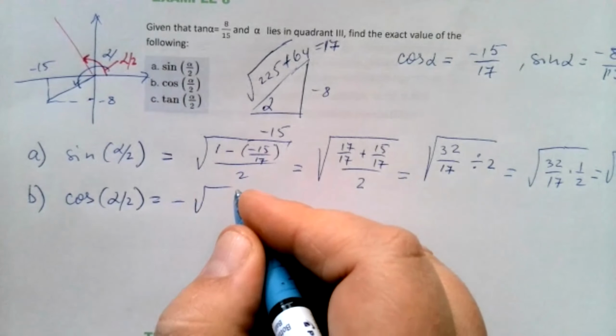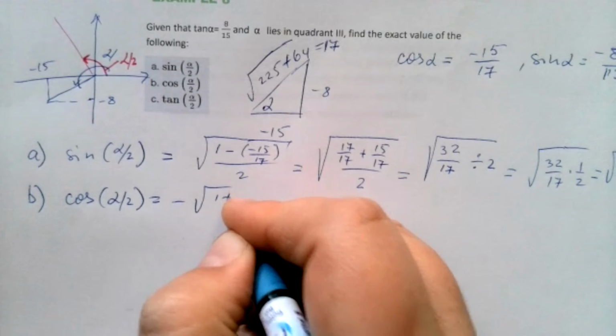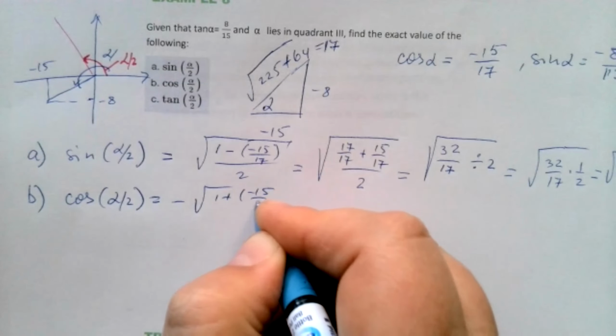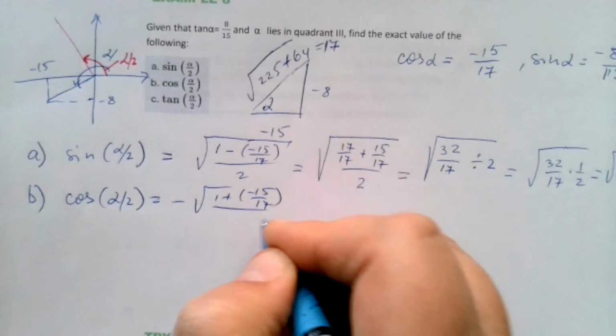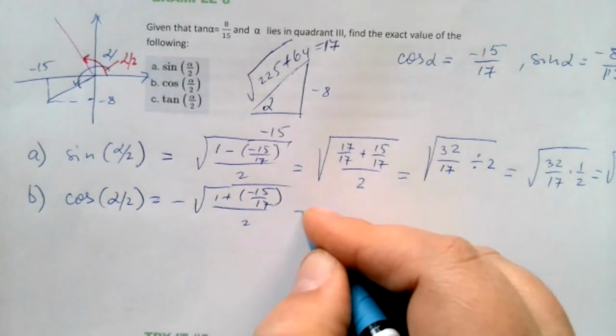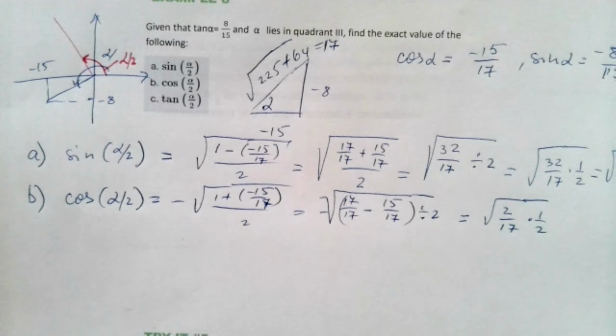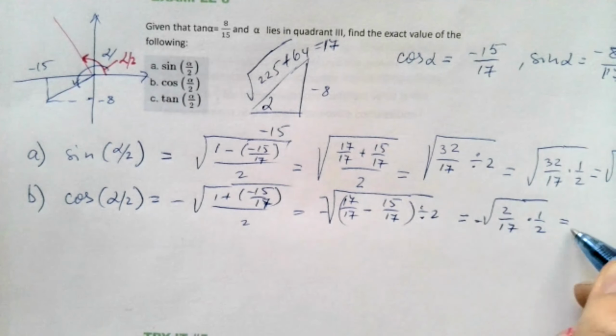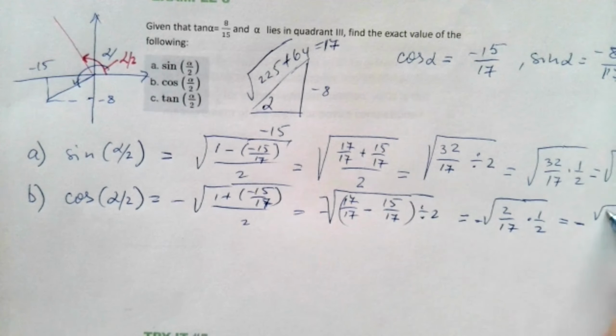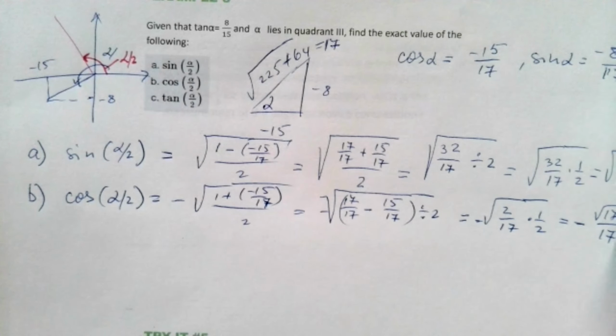So we have a negative root of 1 plus -15/17, divided by 2. Let's do this algebra. This is what it's going to look like, and after simplifying everything and rationalizing the denominator, we get negative root 17/17. So that's the value of the cosine.